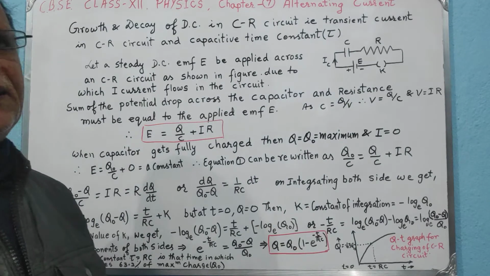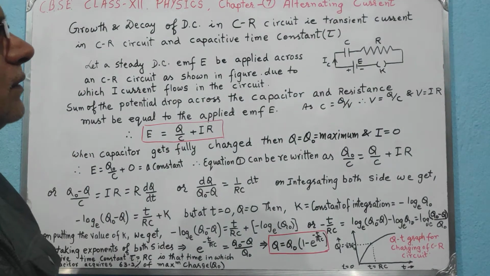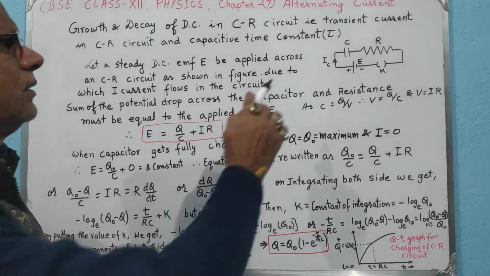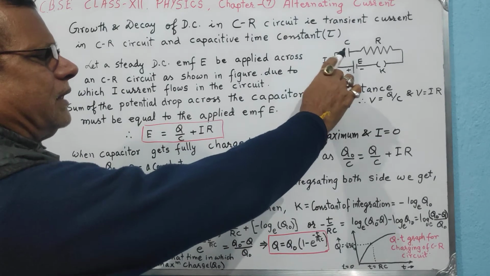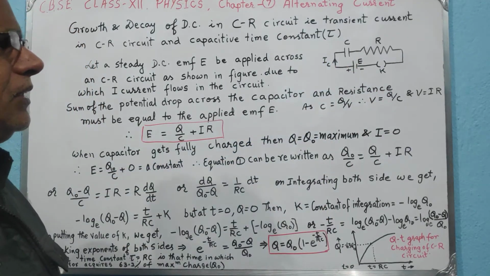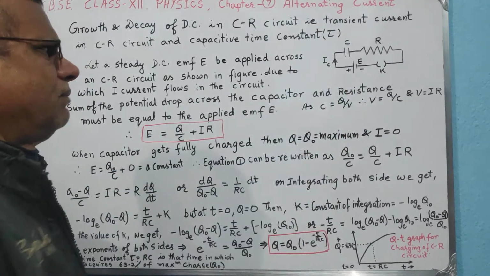For that we say that current IC flows through the circuit, and so the potential drop across the capacitance plus the potential drop across the resistance together must be equal to the applied EMF E.